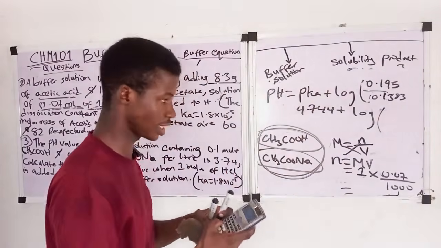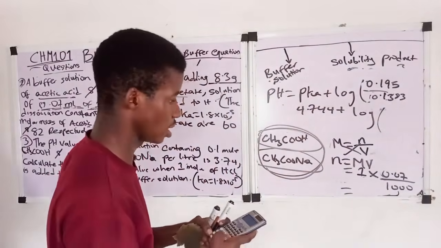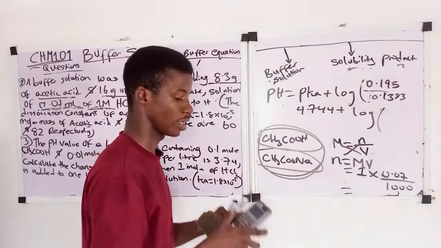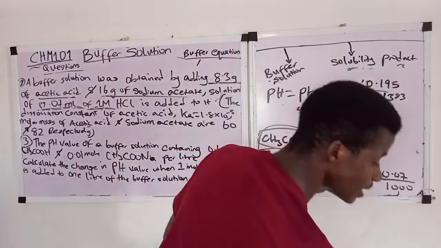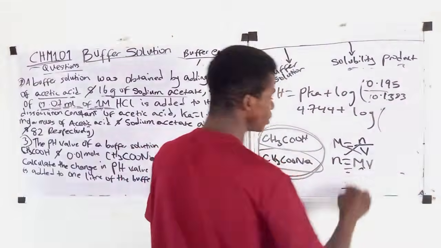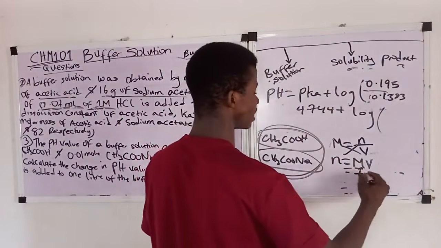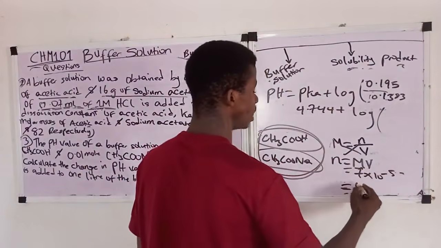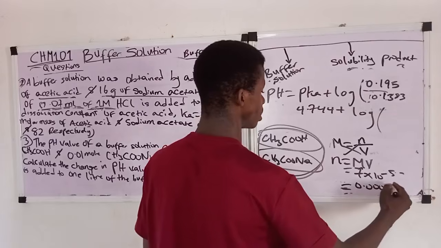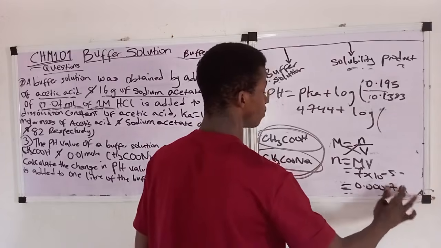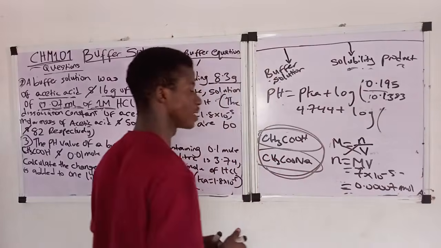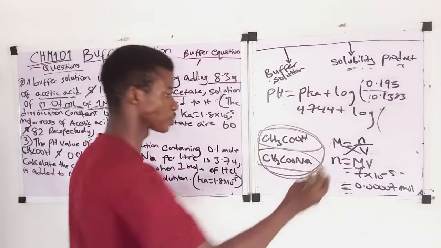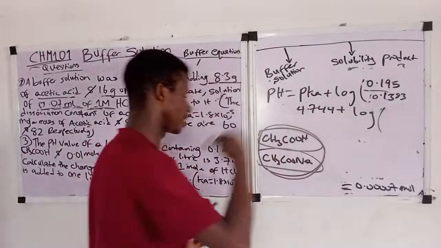So 0.07 divided by 1000 gives us 7 times 10 to the minus 5. So therefore, our number of moles is 7 times 10 to the minus 5, which is 0.00007 mole of hydrochloric acid.